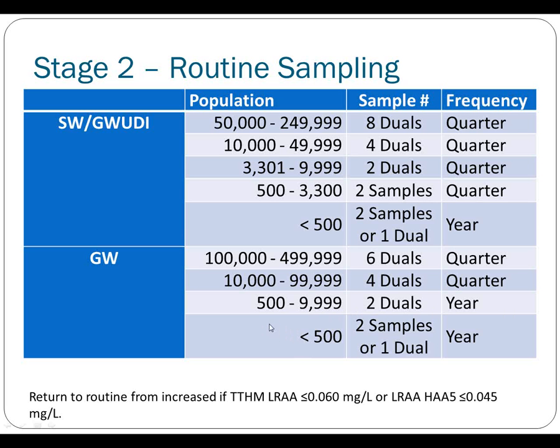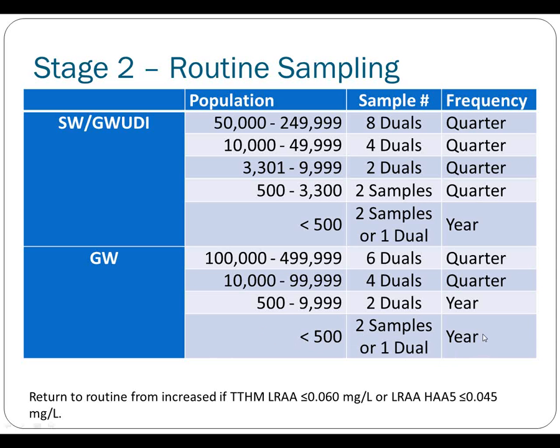For a very small groundwater system with less than 500 population, that system will have the choice between 2 samples or 1 dual per year.